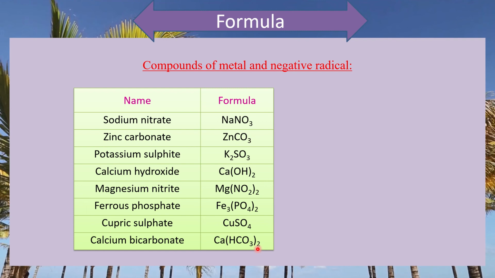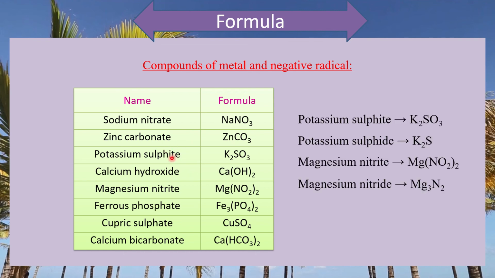Dear students, now look, when you write the compounds of metal and non-metal, then some confusion comes up. For example, this is potassium sulfite, ITE. But if the name is potassium sulfide, then it will be the compound of only potassium and sulfur. Dear students, be very careful here.